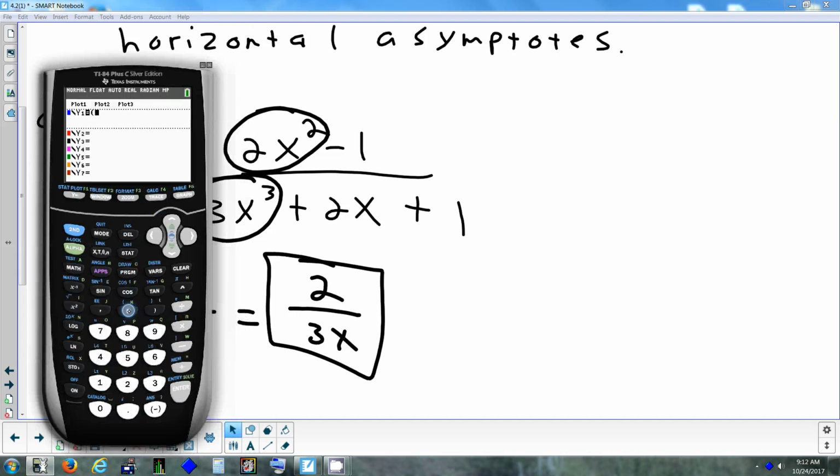Right, so we get 2x squared minus 1 divided by 3x cubed plus 2x plus 1. Okay, so that's the original. I shouldn't need parentheses for 2 divided by 3x because there's no addition or subtraction, so the order of operations should be fine. And let's look at the standard window first.